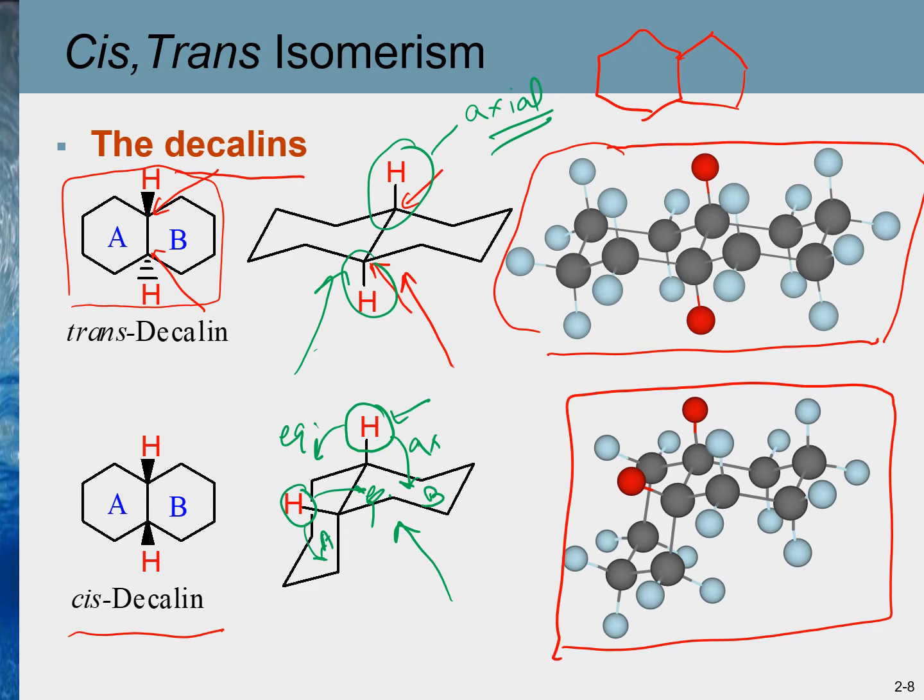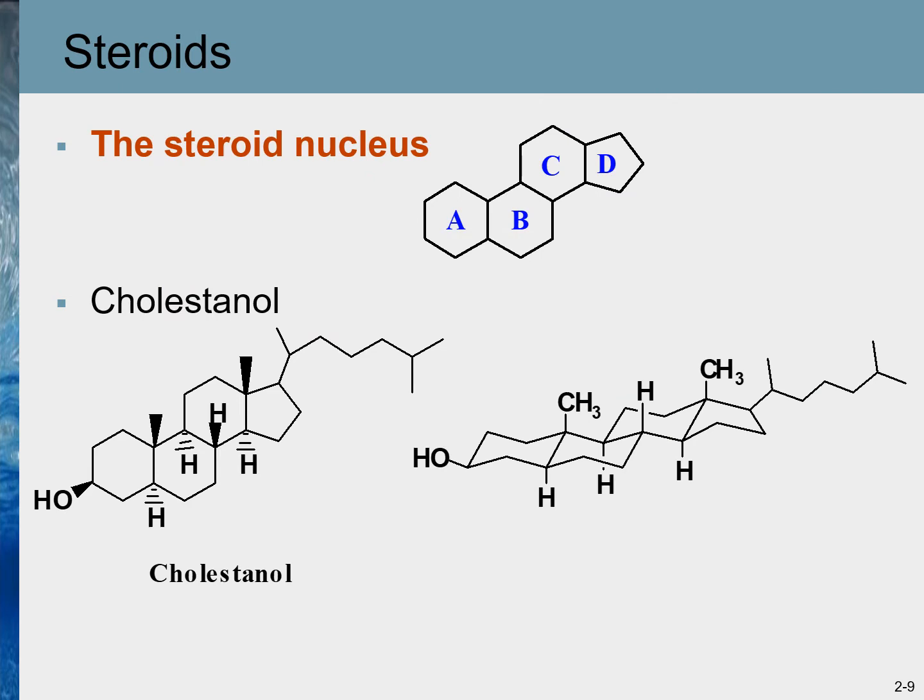A good example of occurrence of cis-trans isomers of bicyclo-ring compounds can be found in steroids. All steroids consist of three 6-membered cyclic rings and a 5-membered cyclic ring, and this parent structure is known as steroid nucleus.